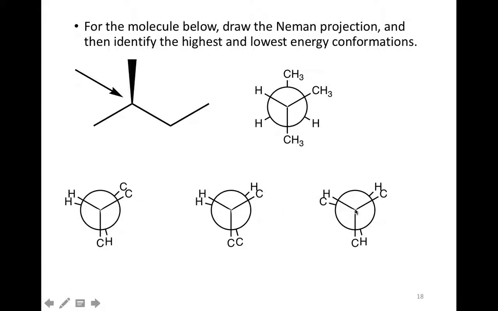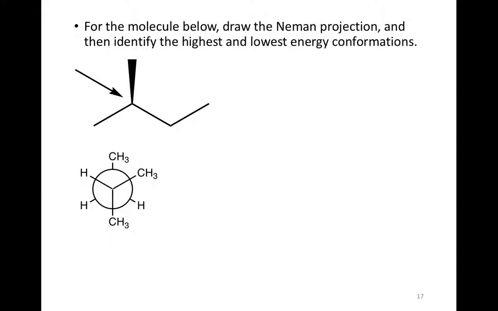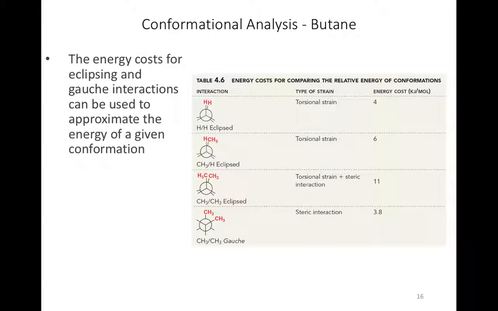And in this one, I have a methyl hydrogen, methyl hydrogen, methyl hydrogen. And so if we go back and look at these different energies, the hydrogen hydrogen strain is 4, methyl hydrogen is 6, and methyl methyl is 11.